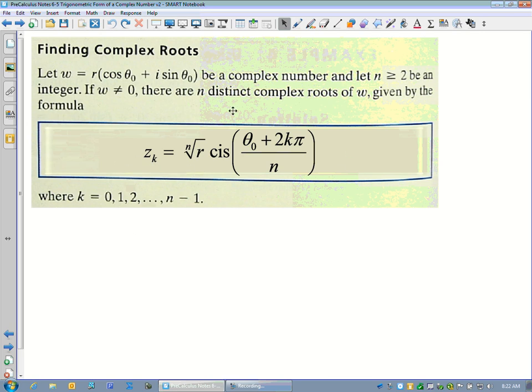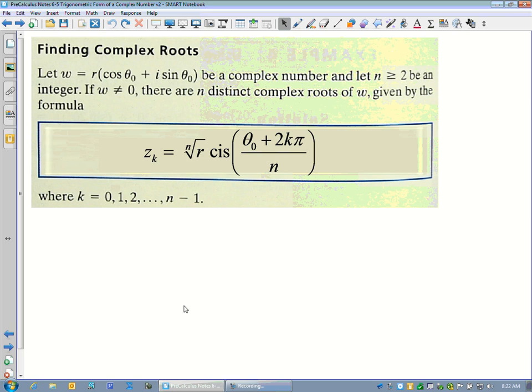Using this formula, and it works right along with de Moivre's theorem, instead of raising the radius to a power, you're taking the root of the power. And instead of multiplying the angle, you're dividing the angle. The only difference on this one is, notice it does have the 2kπ because it is cyclical. Because, like we said, depending on which root you're taking, you're going to have that many of them. And we'll say a little bit more about the spacing on this in a second.